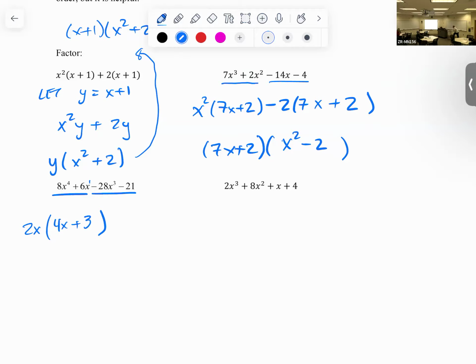Okay. x times x makes x squared, right, but we need an x to the 4th. So x times what makes x to the 4th? x times x squared becomes x to the 4.